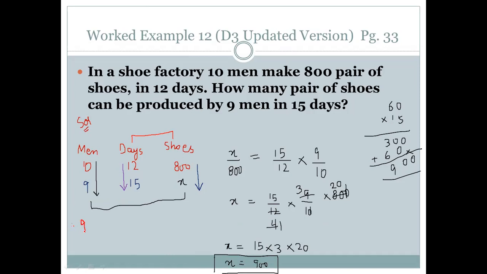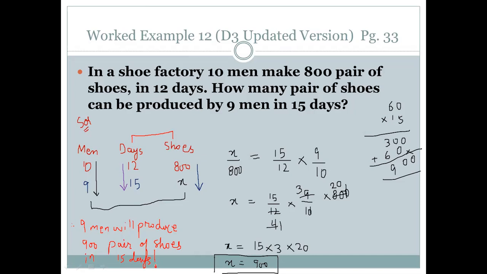Therefore, we can say that 9 men will produce 900 pairs of shoes in 15 days. All right. At the end, you may write a statement like this.